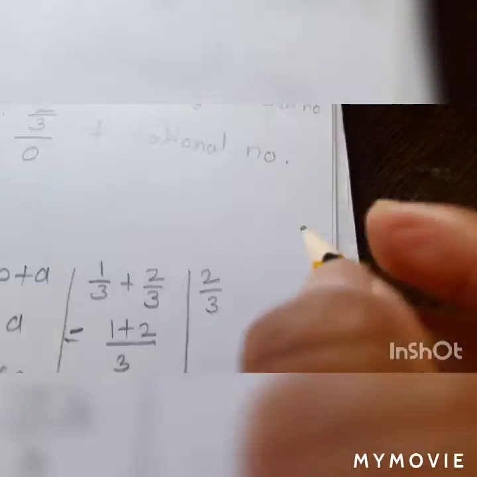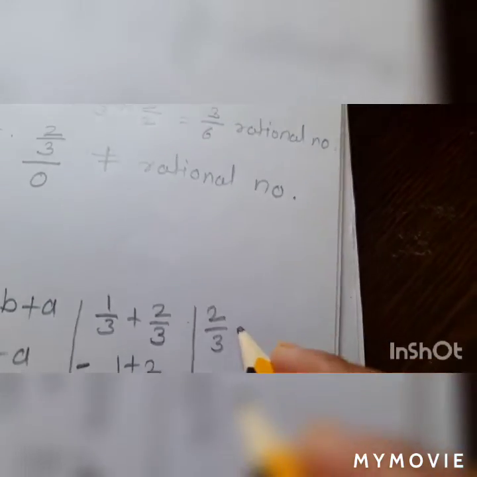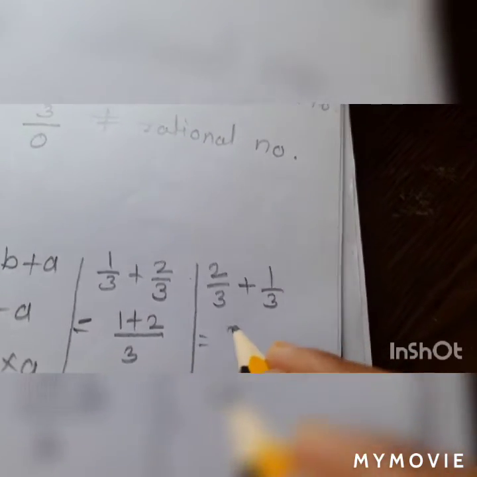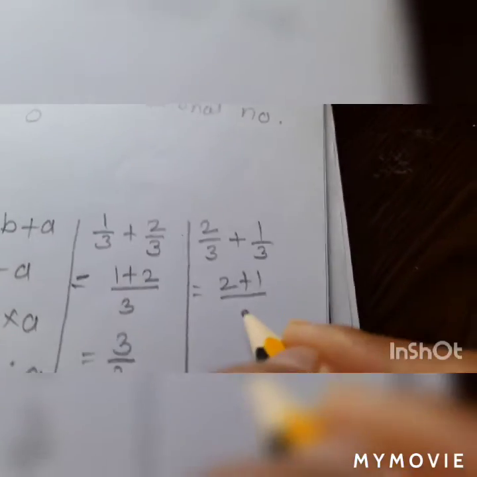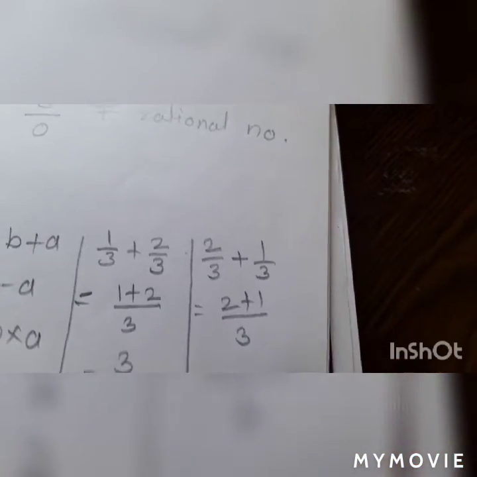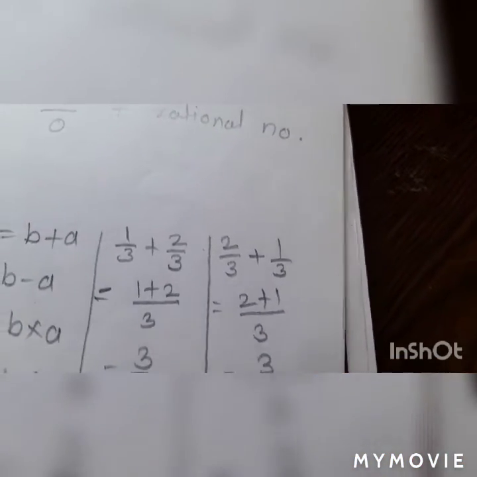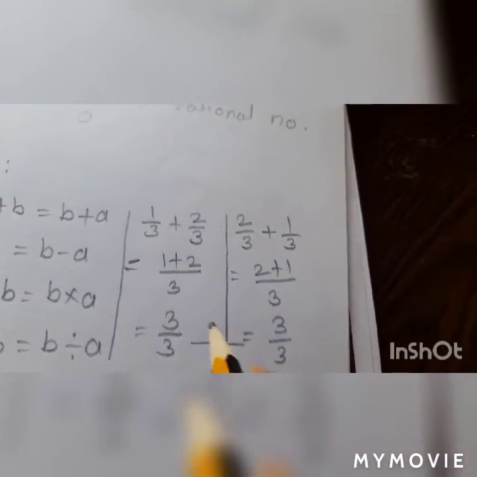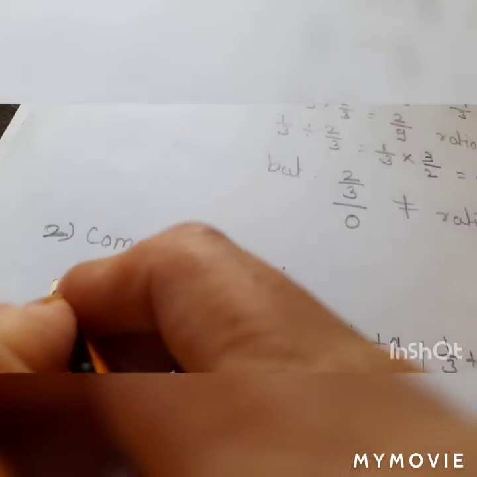Now the other side. We will take 2 upon 3 first plus 1 upon 3. 2 plus 1 upon 3, LCM is 3, equal to 3 upon 3. Now we can see that we get the same answer. Therefore, we can say that the addition satisfies the commutativity.